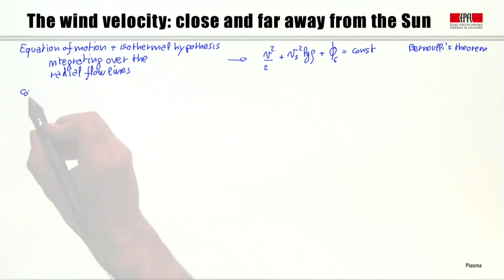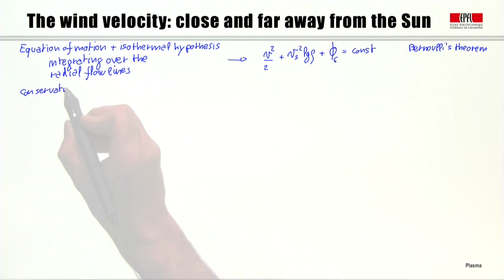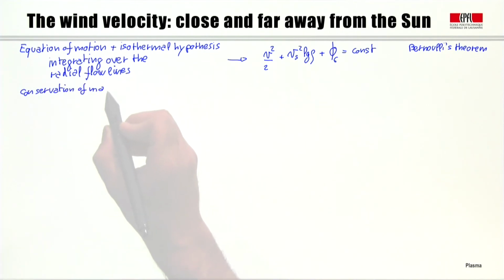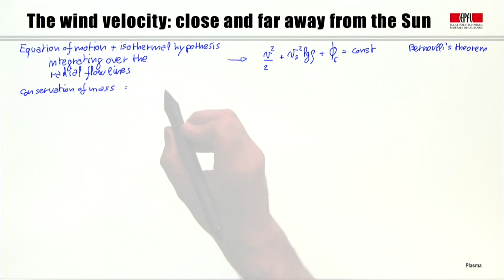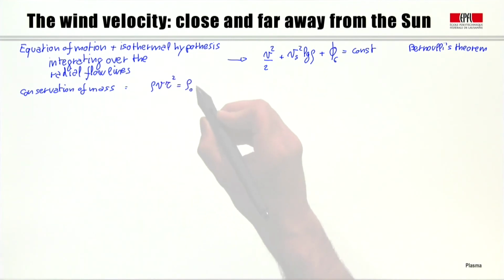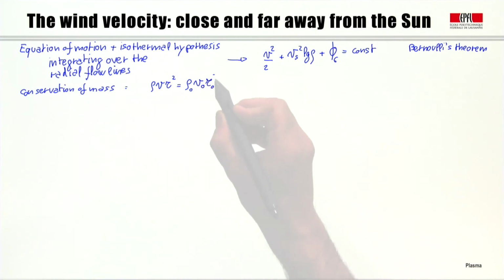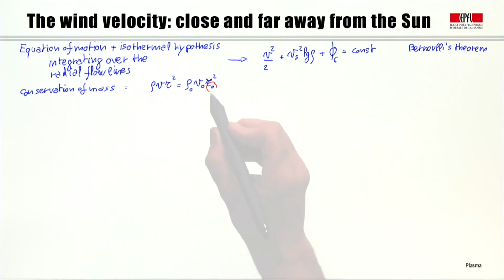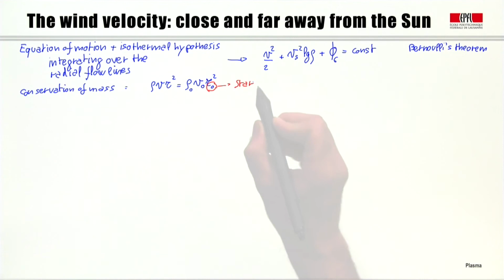Let's now use the conservation of mass in spherical geometry that states that the product of the density times the velocity times the square of the radius is constant. The suffix 0 here indicates the starting values.